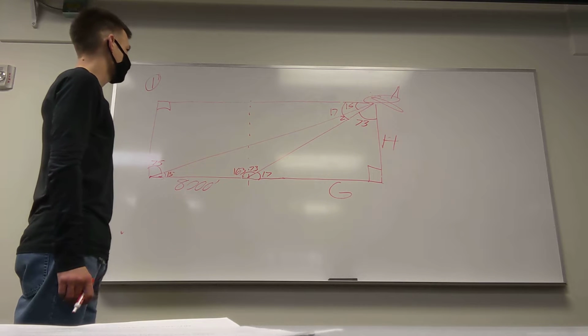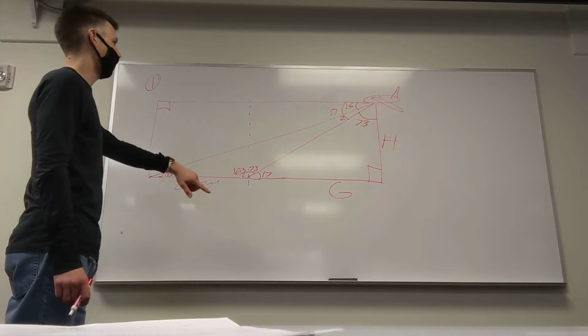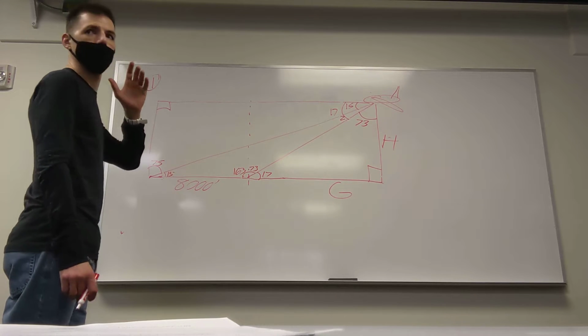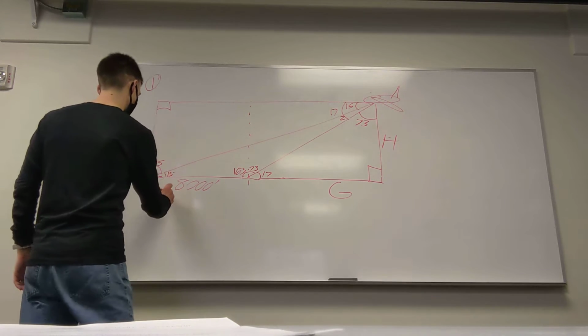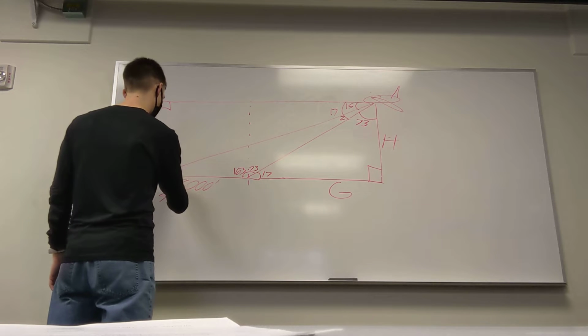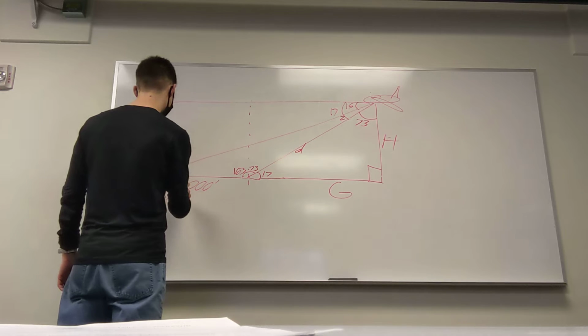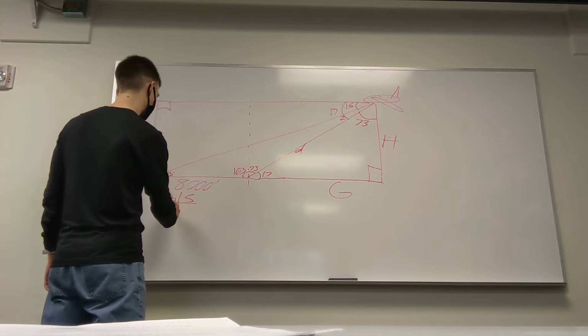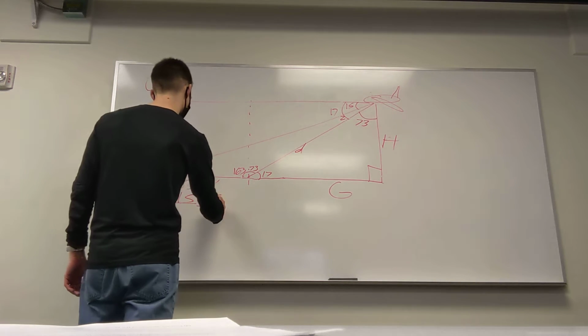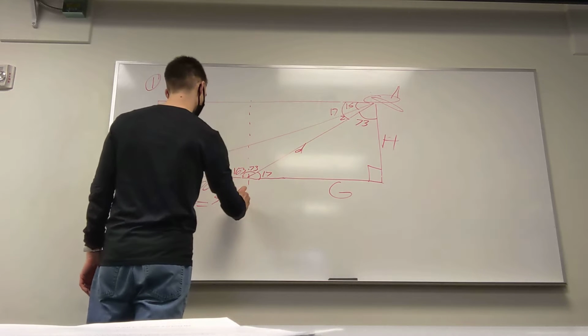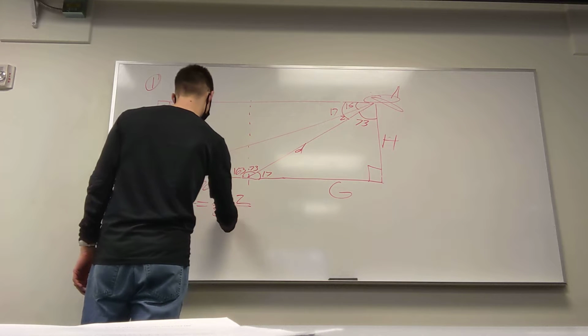Okay, so now I've got one side and all my angles in the triangle, so I can do a law of sines. I want to find this leg, so we'll call that D. Sine of 15 over D equals sine of 2 over 8,000.